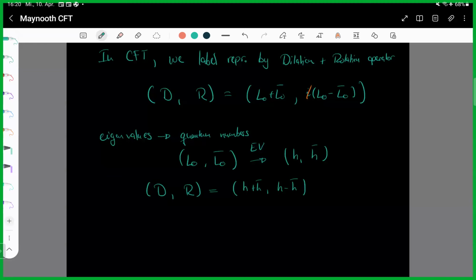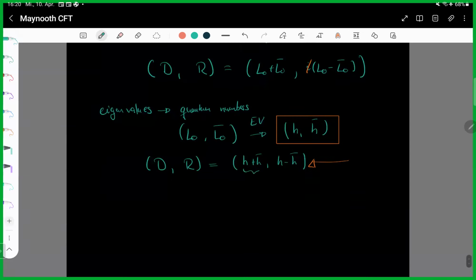Basically, it's up to you. Typically, we take H and H bar, and I am going to mostly stick with H and H bar, but sometimes, also for motivation, it's useful to take the dilation and the rotation operator. This thing here is called the scaling weight, or scaling dimension, and it's called delta.